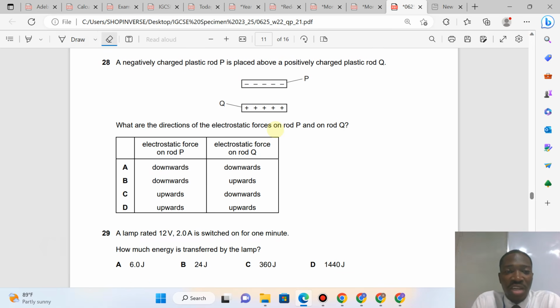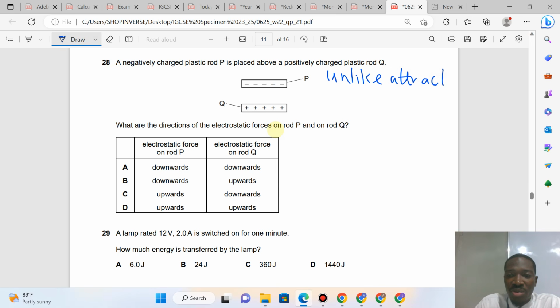A negatively charged plastic rod P is placed above a positively charged plastic rod Q. What is the direction of the electrostatic forces on rod P and on rod Q? According to the fundamental law of static electricity, like charges repel and unlike charges attract each other. Since these rods are of opposite charges, there will be attraction.